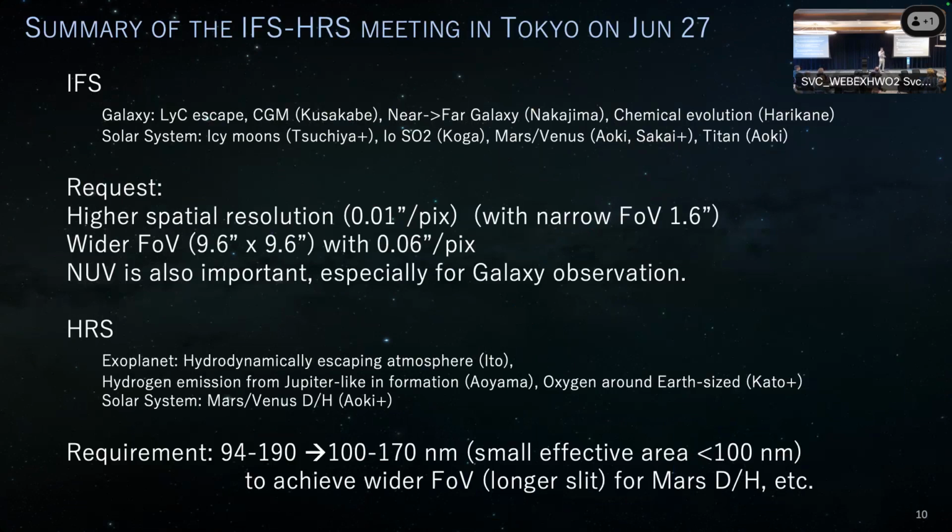And MEV is also important. Now I'm learning many things, but we try internally, I think. And HRS is necessary for exoplanetary science and also solar system science, but we can reduce the spectral range to achieve the wider field of view.